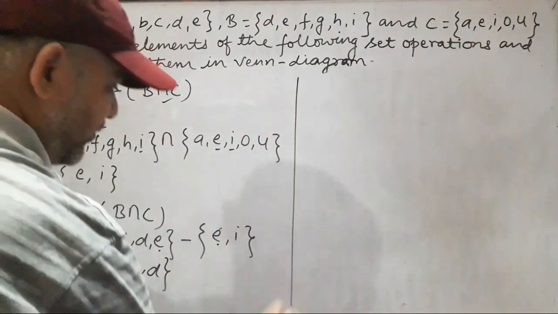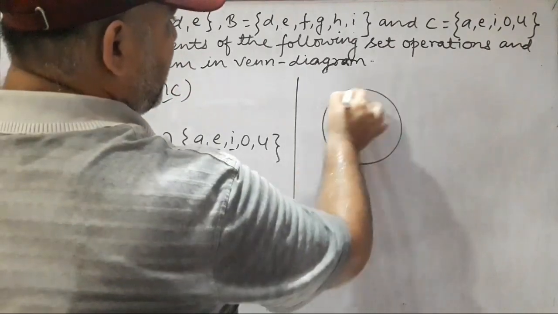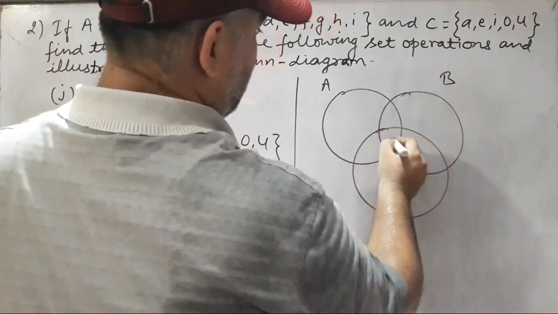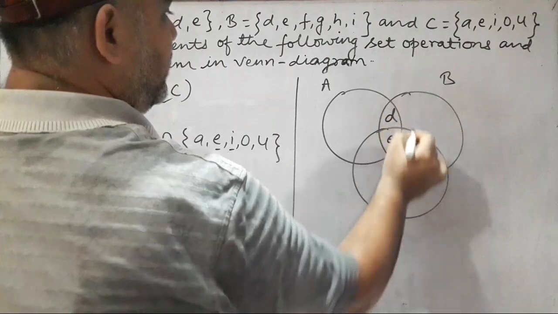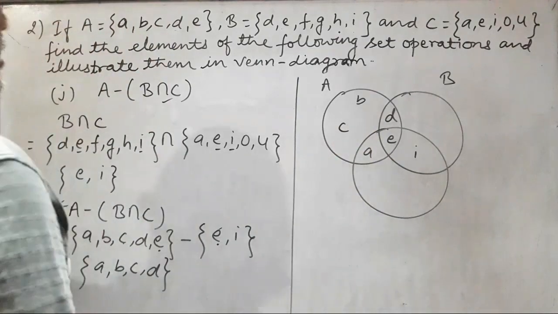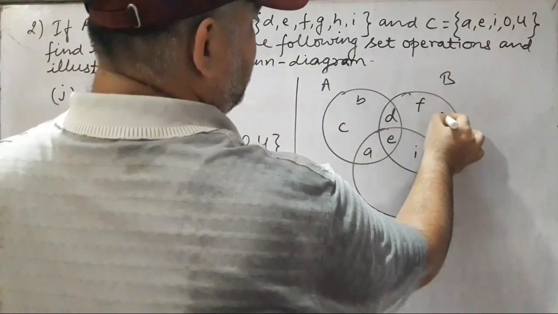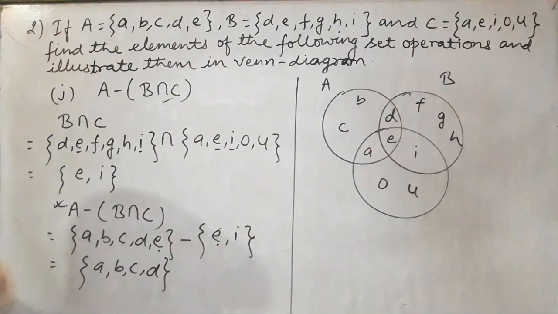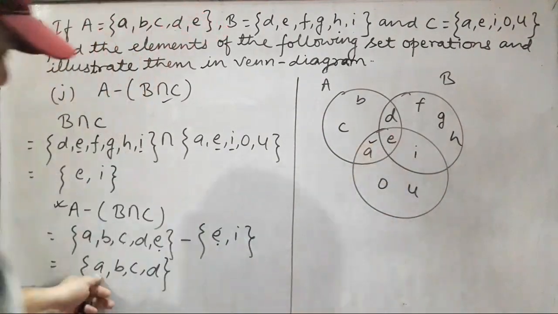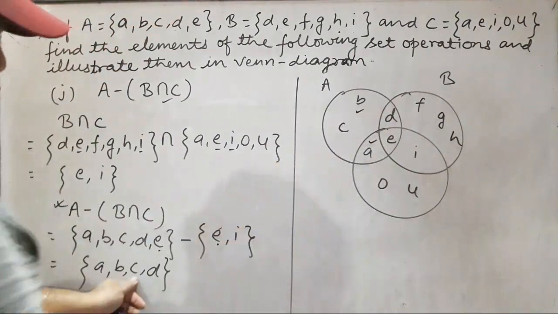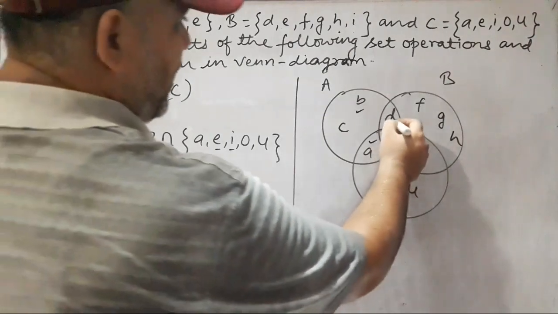Now let's draw the Venn diagram. The Venn diagram won't change. Here the element E, here D, here A, here I, and here B, C, the F, G, H, and here the elements O and U. Let's take the part containing the element A, this part, the part containing B, this part, containing C, the same part, the part containing D, that is this part.